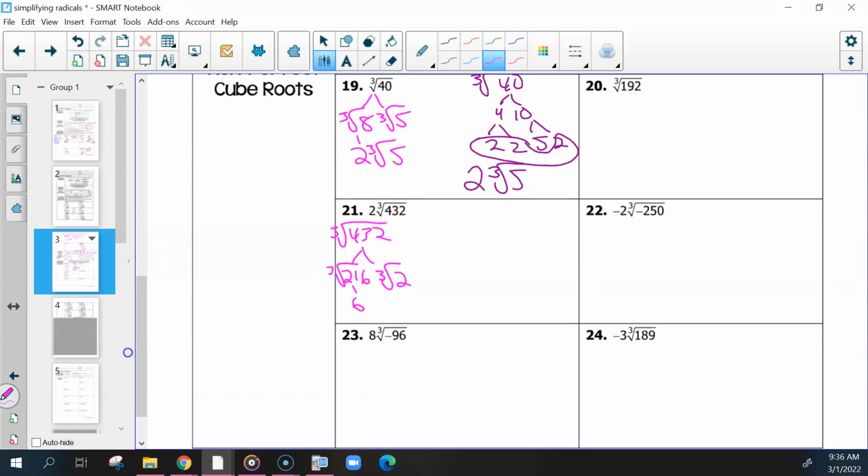And then we can't simplify this anymore, so this would be times the cube root of 2. If, when you write this, the 3 looks like it's more for the 6 than the root, you can use parentheses. Put parentheses around the cube root. That way you know that it's separate. That way you don't confuse it.